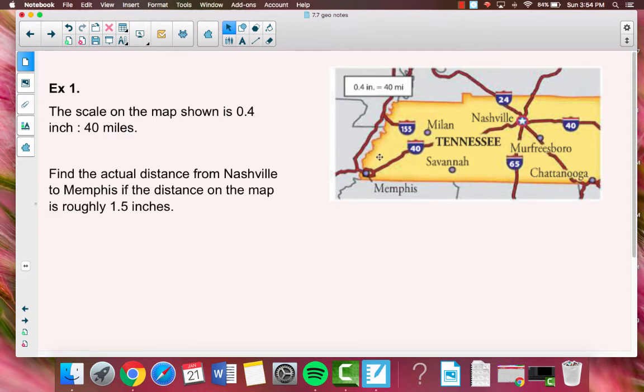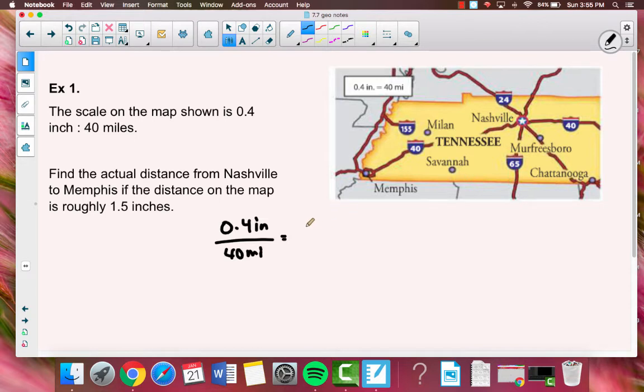Because we know the scale and we're looking for the actual distance, we just have to set up a proportion. So all I'm going to do is take my scale that they give us, 0.4 inches over the 40 miles. And remember, we want to make sure we match things up. So on the top, I'm going to have inches, so we know it's going to be 1.5 inches, and we're looking for the number of miles.